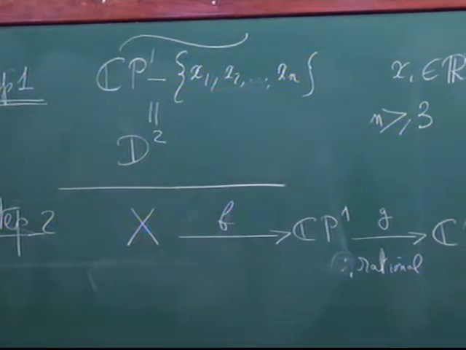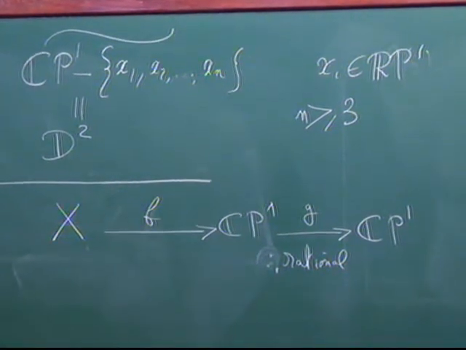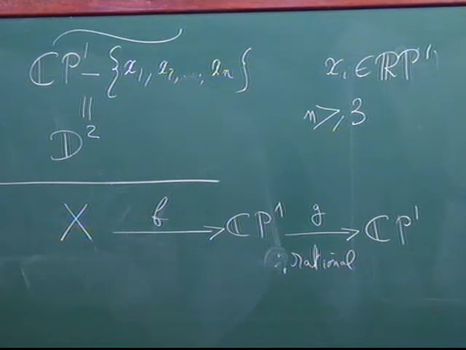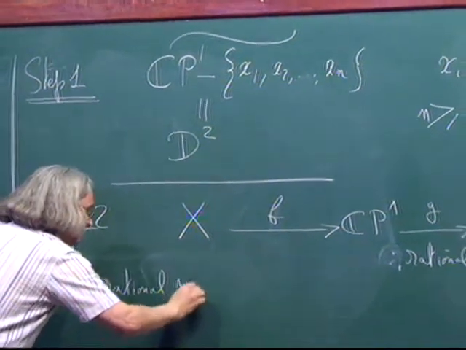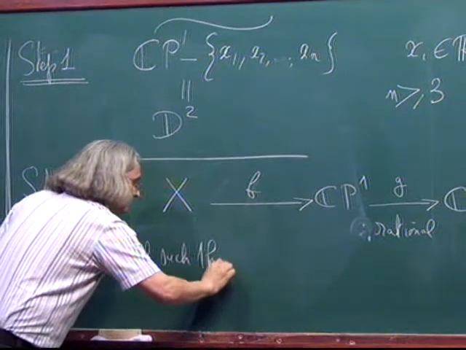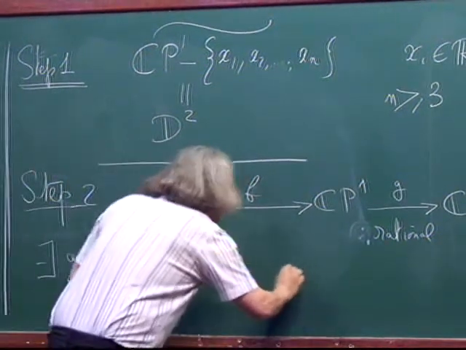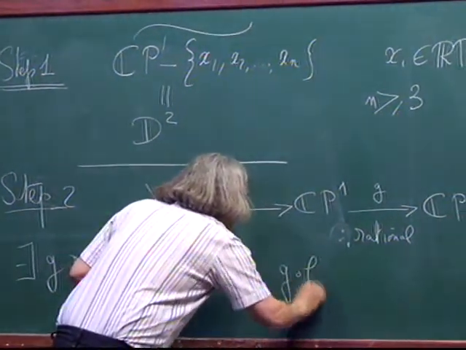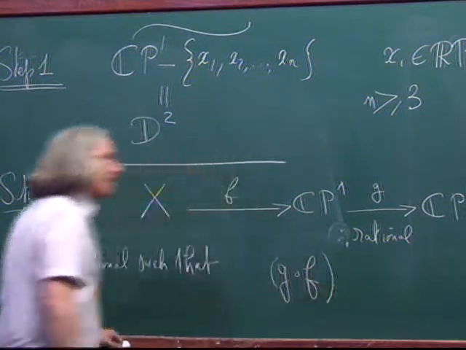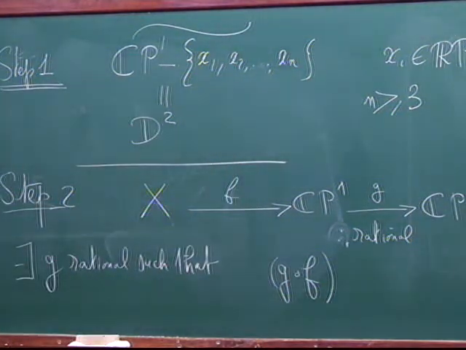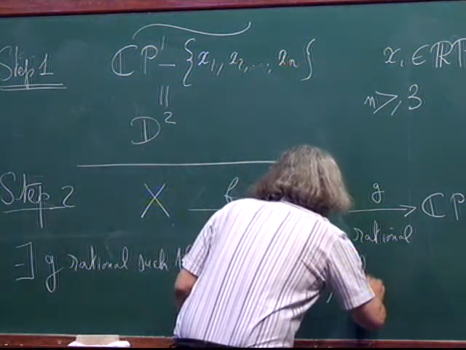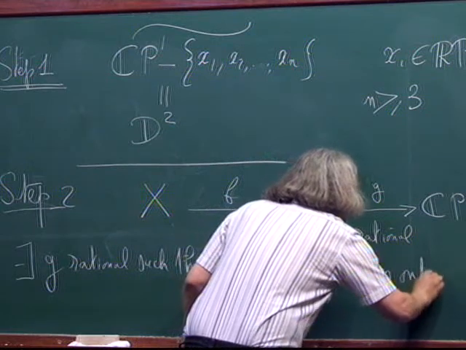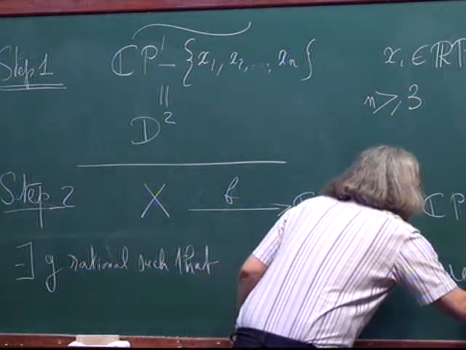And the claim of Poincaré is there is a rational map G such that the composition has only real critical values.